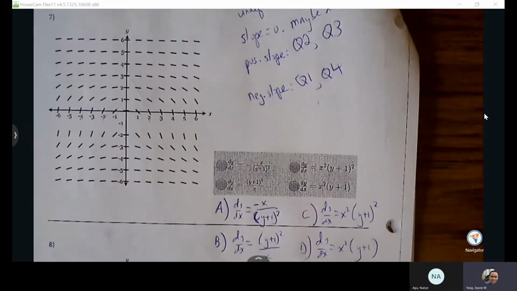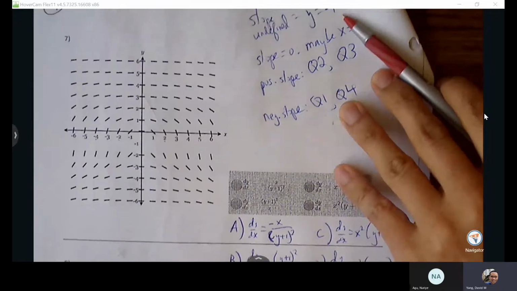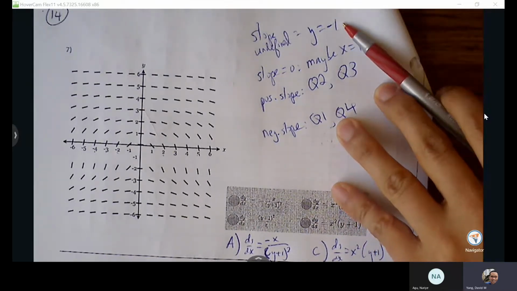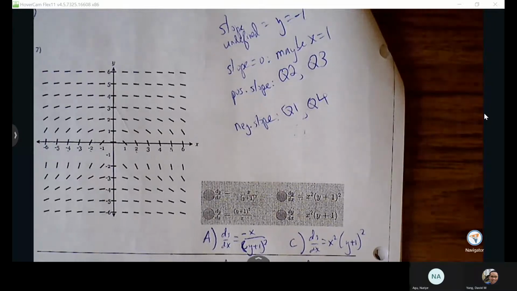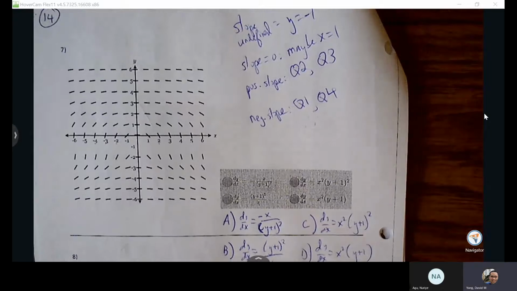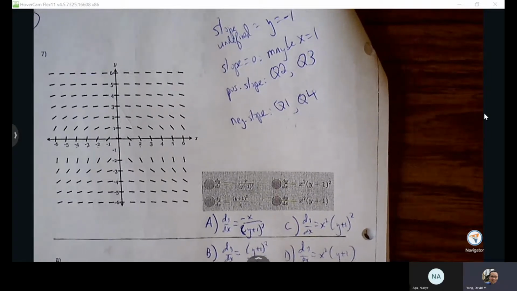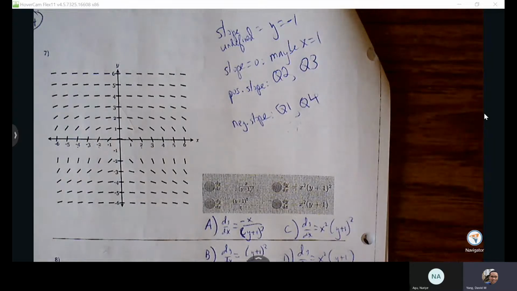All right, so let's test some ordered pairs here. Well, let's do slope undefined, right? Hopefully we can eliminate some wrong ones here. Slope undefined, y equals -1. Is there any that we can remove because we're not getting undefined slope when y is -1?